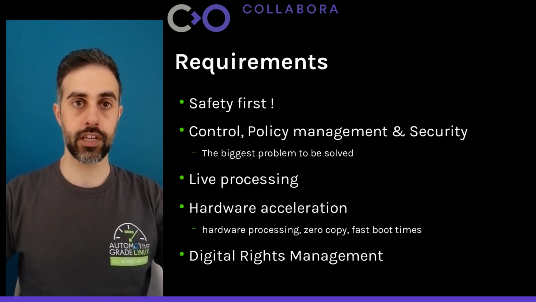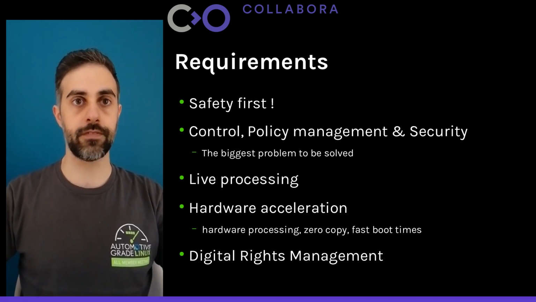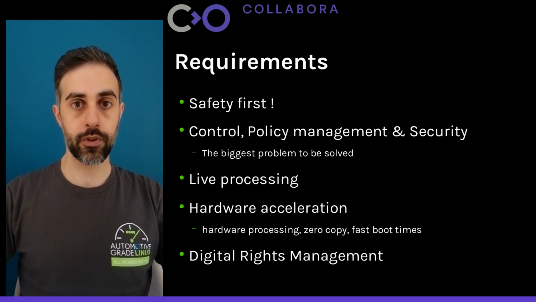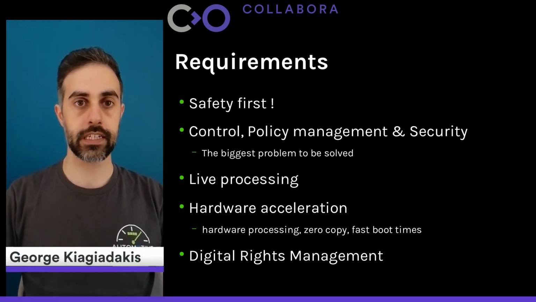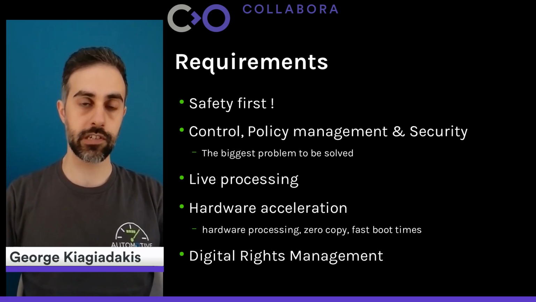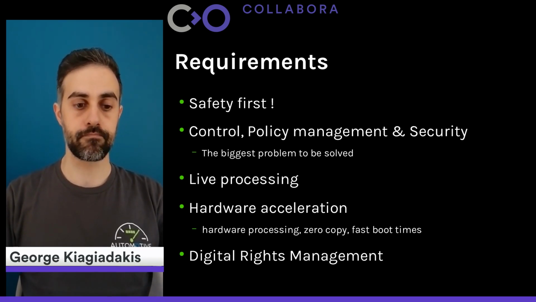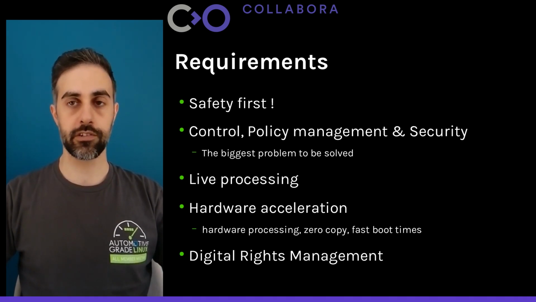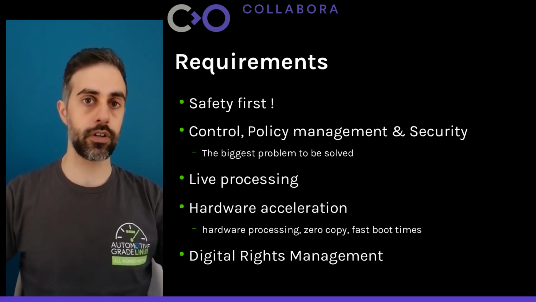So let's take a look at the requirements. First of all, safety. We cannot implement anything that is not safe for the passengers. So that's the top priority. Then a very important issue in the context of the car is how to control all these video streams. Since we have many different components dealing with video, cameras, displays, processing nodes, and we also have streams going to or from the network.